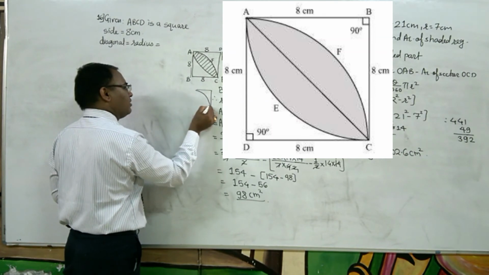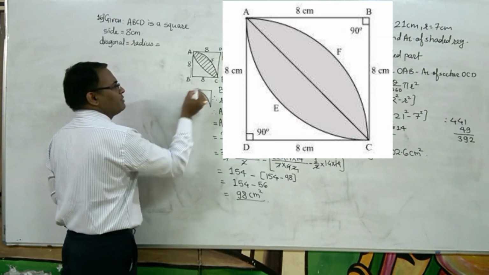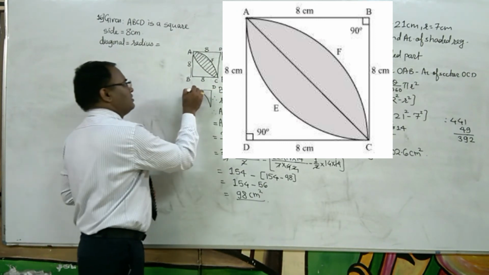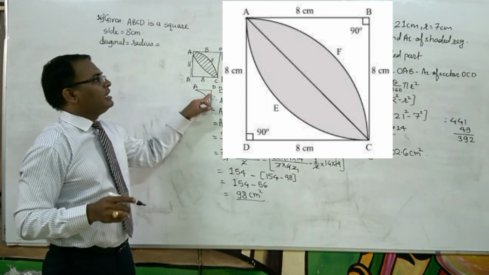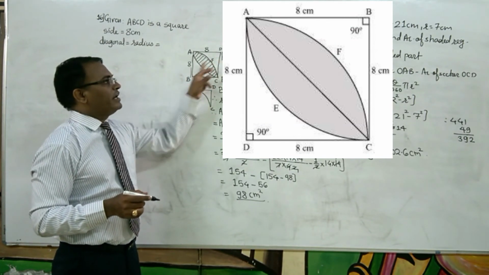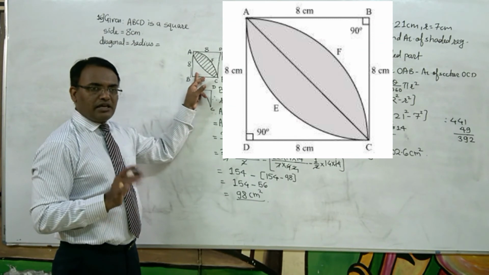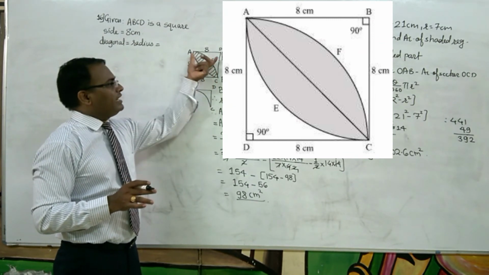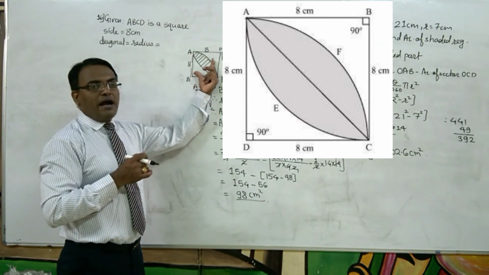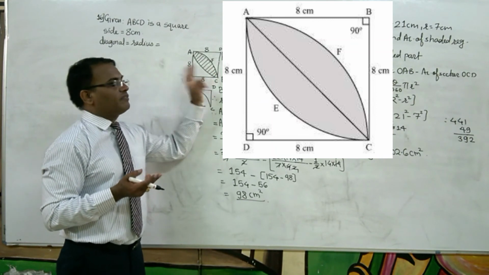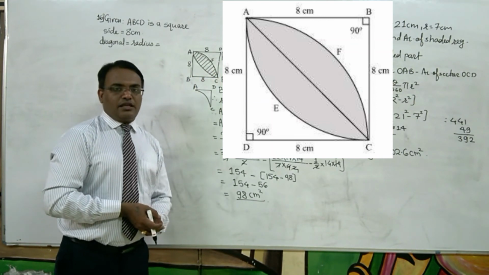This part is remaining, where the name is D and AC. Now of course since it is a square, this part and this part both will be equal, right? So if we remove these two equal parts from ABCD, we are left with the desired area.